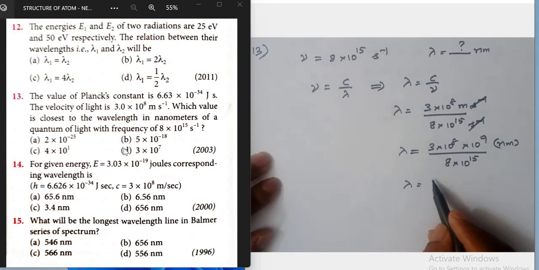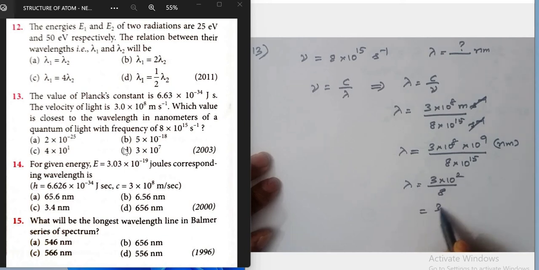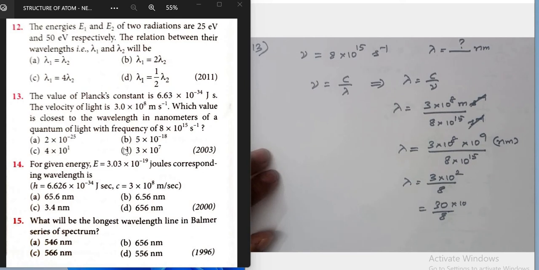I can write this as 3 into 10 power 2 by 8, or 30 into 10 by 8, just for simplification. 4 2s are 8, 15 2s are 30, 15 by 4, 3.75 into 10, or 37.5 nanometers roughly. Take note.